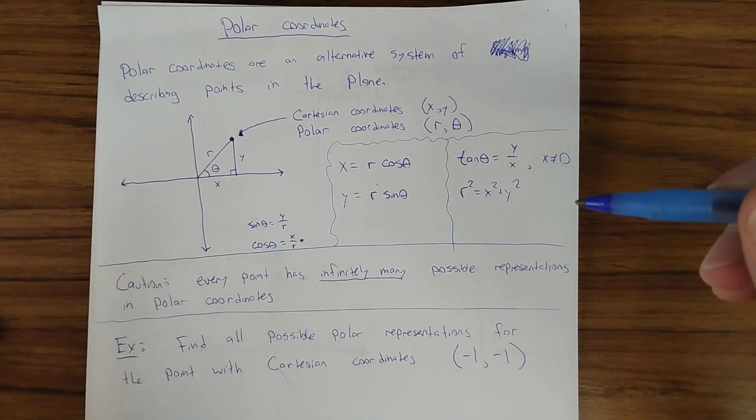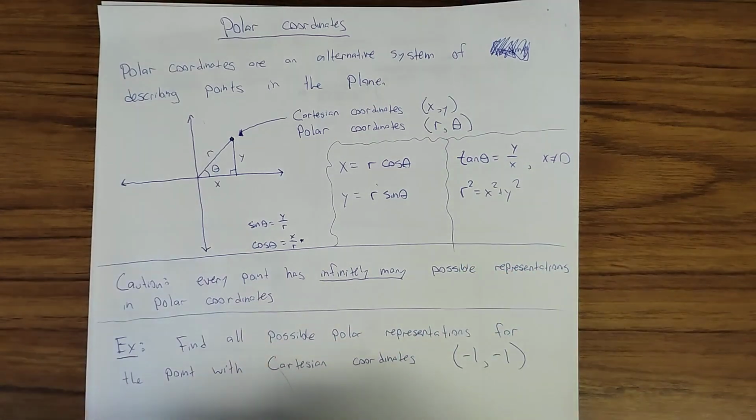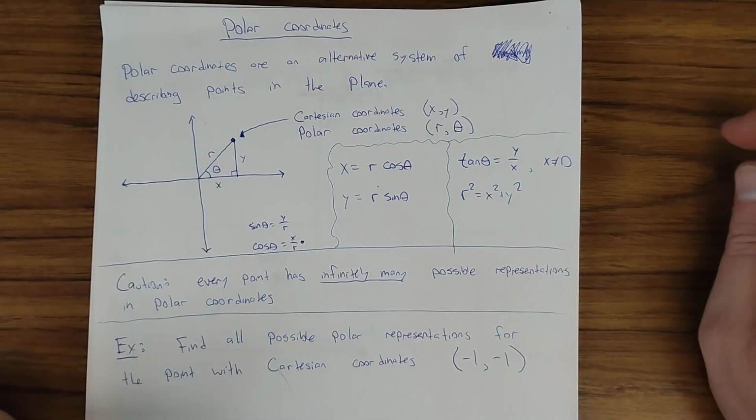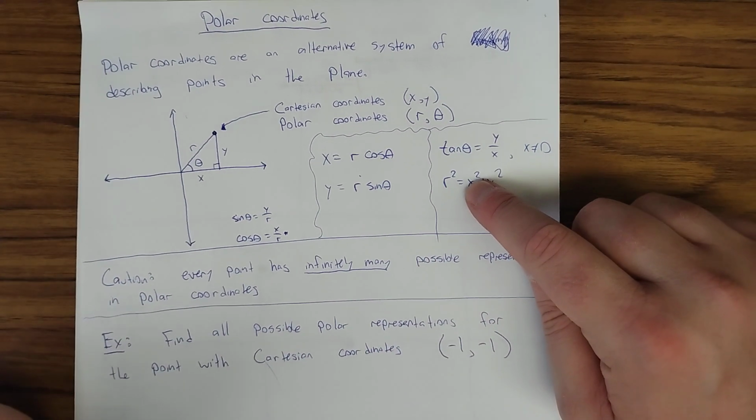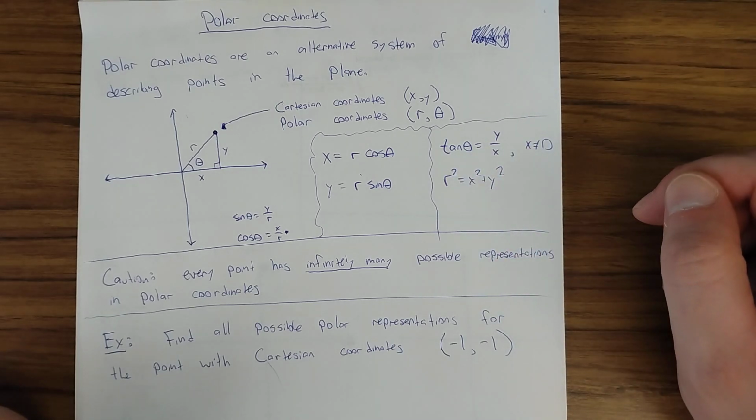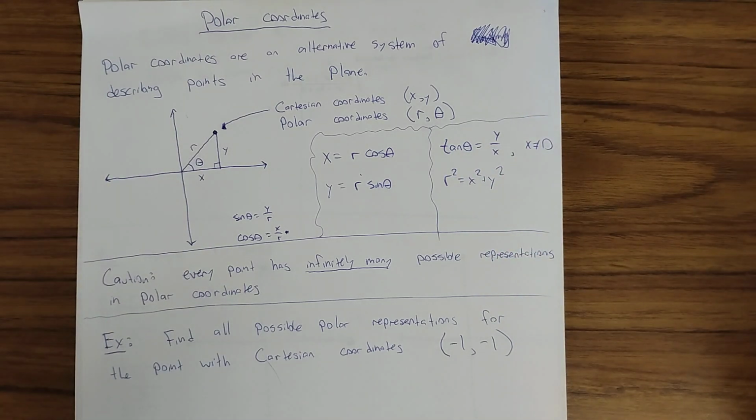Right, well, that's important to keep in mind as you look at these equations. For example, it's tempting to solve this one for r by doing the square root, and we could, but we would have to consider the possibility that r is negative, so r would be plus or minus the square root of x squared plus y squared.